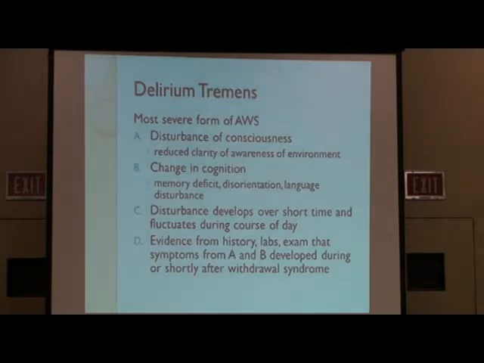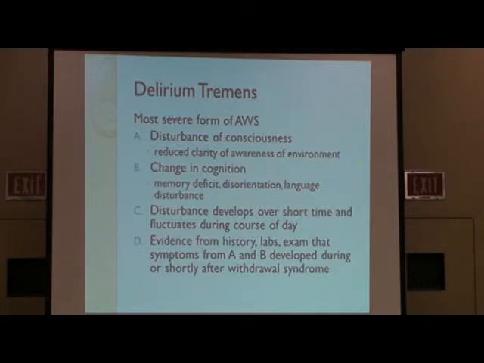So delirium tremens, I think everybody in the room has heard of it. It's the most severe form of alcohol withdrawal syndrome, associated with increased mortality historically. More of late, I think it's pretty rare that somebody would actually die of delirium tremens because we're well aware of alcohol withdrawal syndrome and we treat early and often. But this is essentially the definition of delirium tremens.